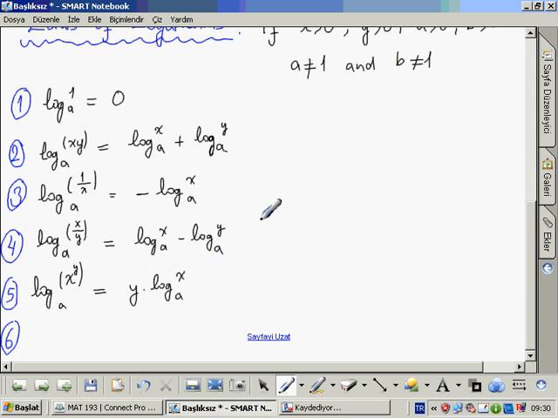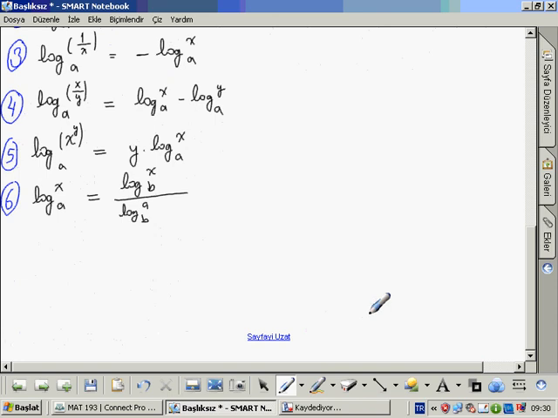And the sixth one, that's important: logarithm of x to the base a equals logarithm of x to the base b over logarithm of a to the base b.